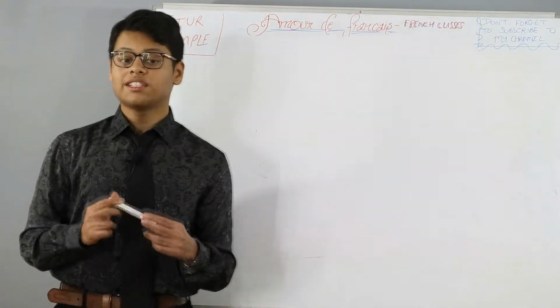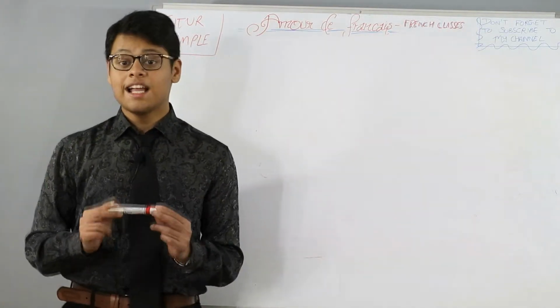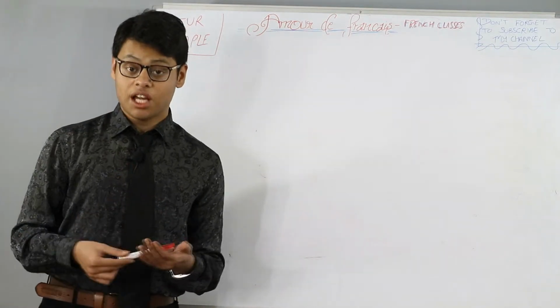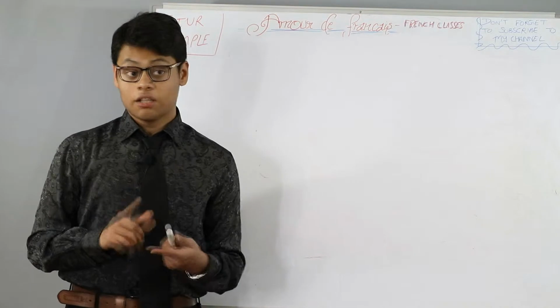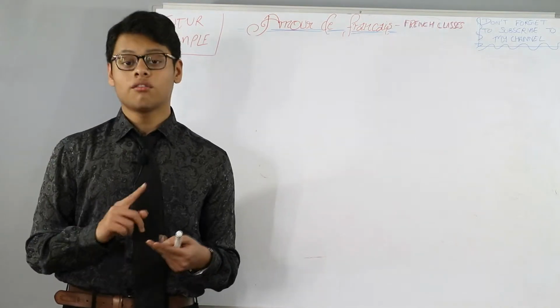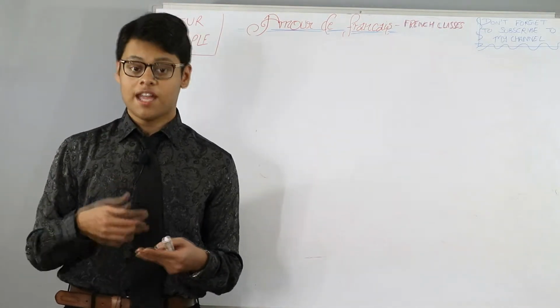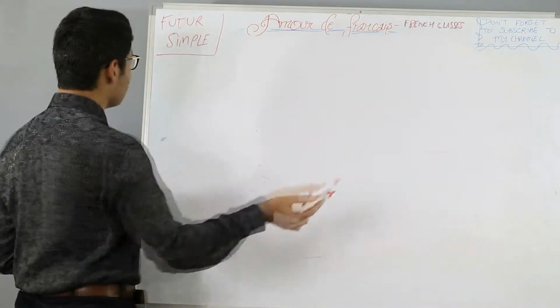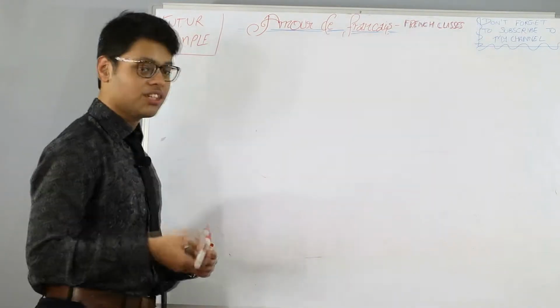Futur Simple. Before starting with simple future in French, let us recall all the tenses we have done so far. First we did present, then passé récent, futur proche, imparfait, passé composé, and now we have simple future, or futur simple, in French.